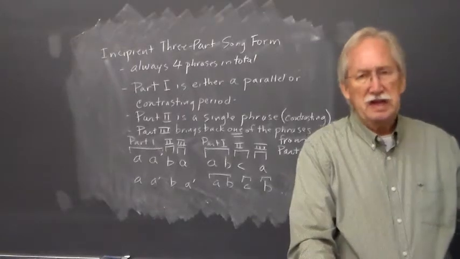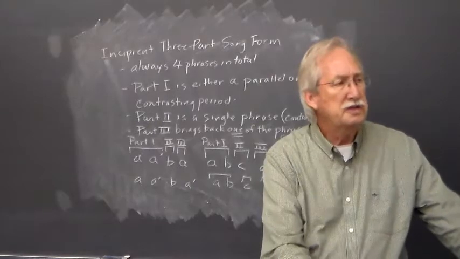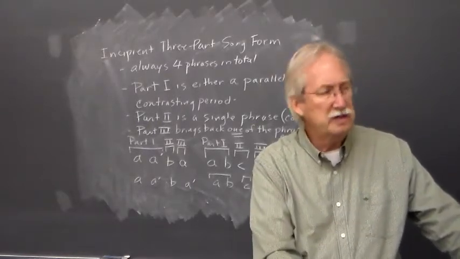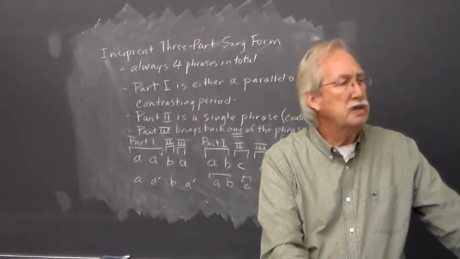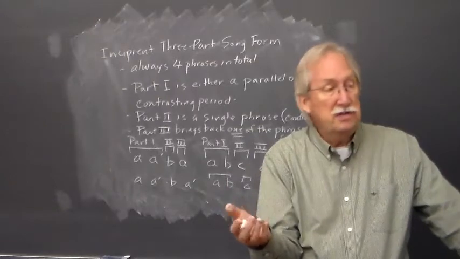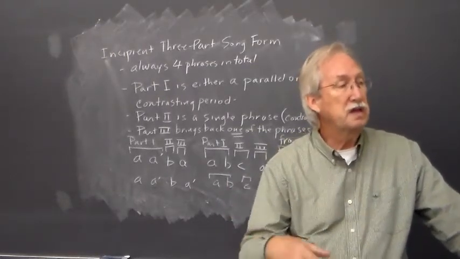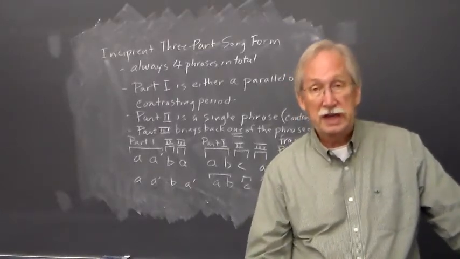Then the next example is constructed exactly the same way. It is the theme from the last movement of the Beethoven Ninth Symphony, the Ode to Joy theme. And so, same key even. So you have opening four measures, half cadence. The second four measures is parallel, and it's an authentic cadence.